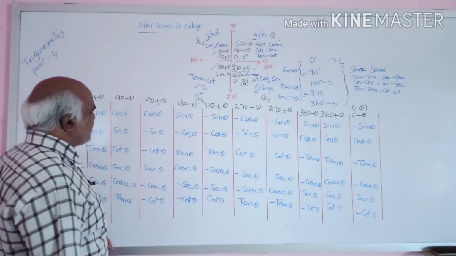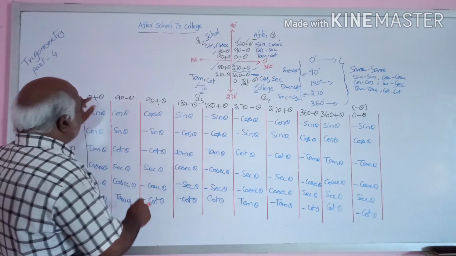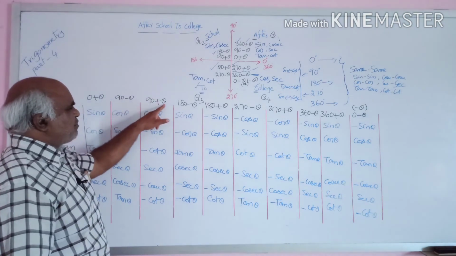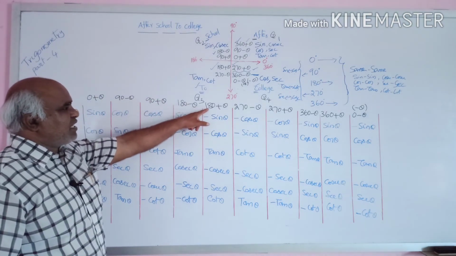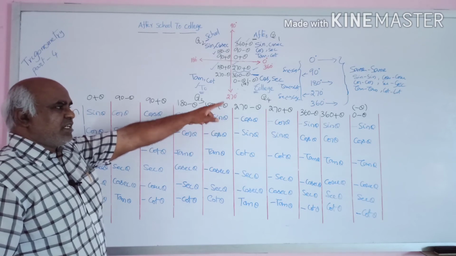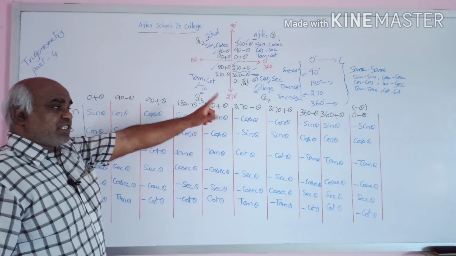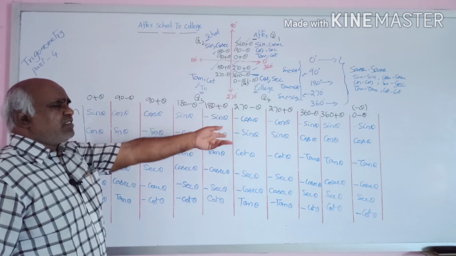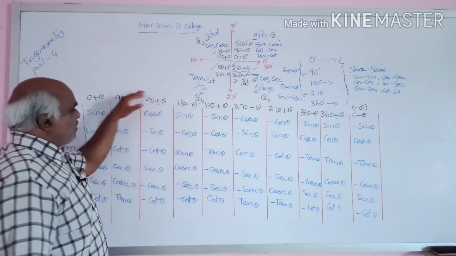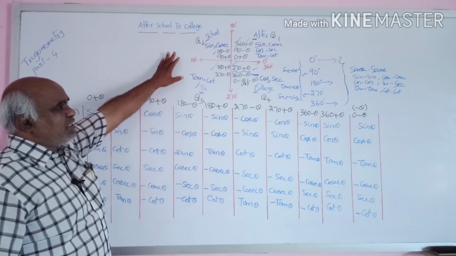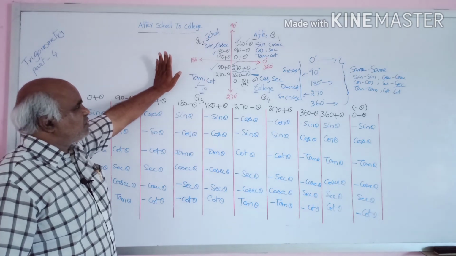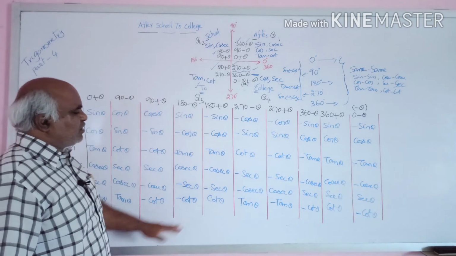Here you can see the options: 0 plus theta, 90 minus theta, 90 plus theta, 180 minus theta, 180 plus theta, 270 minus theta, 270 plus theta, 360 minus theta, 360 plus theta, and finally minus theta or 0 minus theta. Both are the same. For all these values, you can remember this after school to college. By remembering this table, you can write all these formulas.